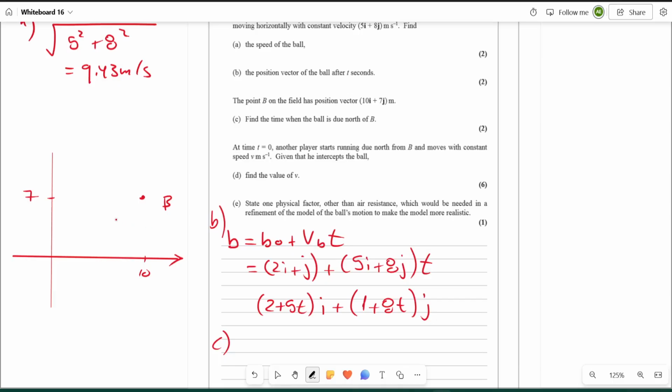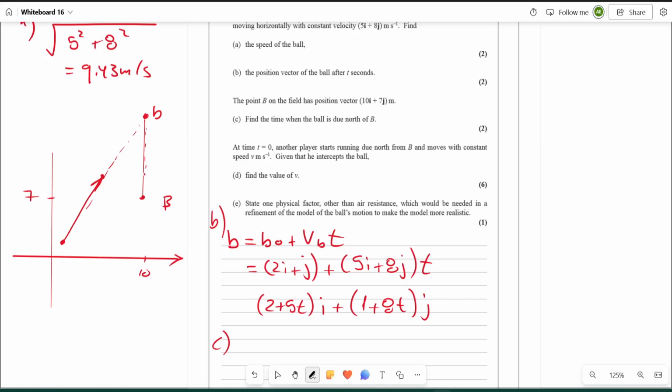The ball is moving, let's say with a constant velocity. So the ball, let's say, started from here and is moving this way. At a certain point, the ball is going to be exactly north of point B, so exactly on top of point B. If the ball, which is small b, is exactly on top of B, what do you expect?